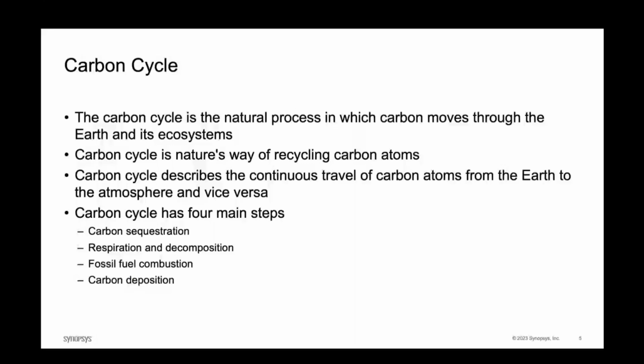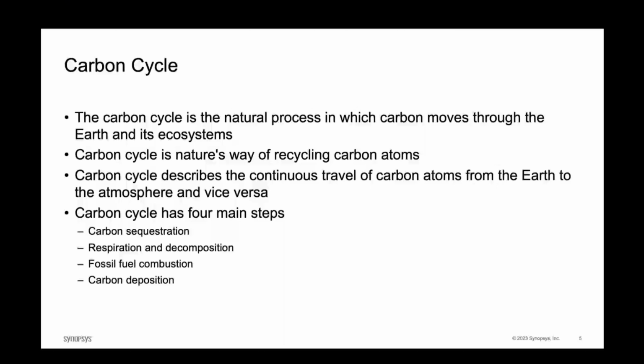The carbon sequestration is when most of the plants are absorbing the CO2 through photosynthesis, and they generate oxygen. Respiration and decomposition is when we breathe ourselves, animals breathe, and we are emitting some CO2 as well.